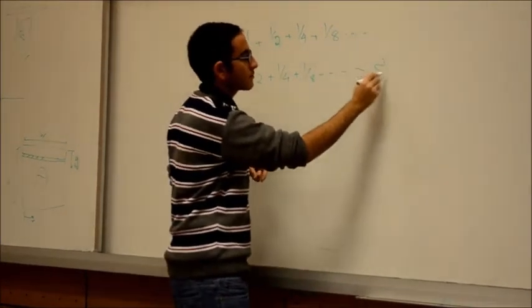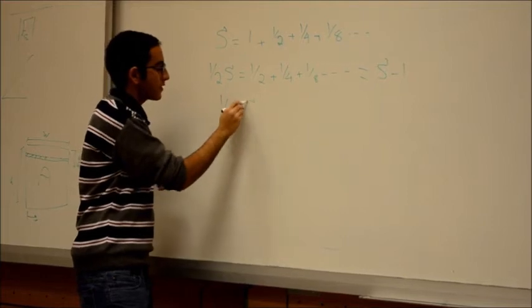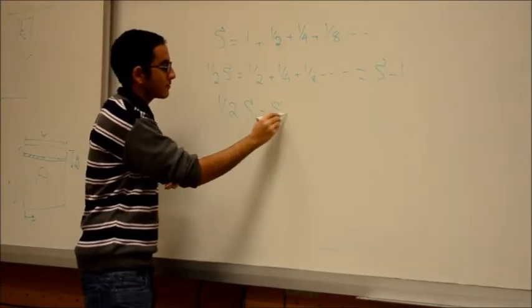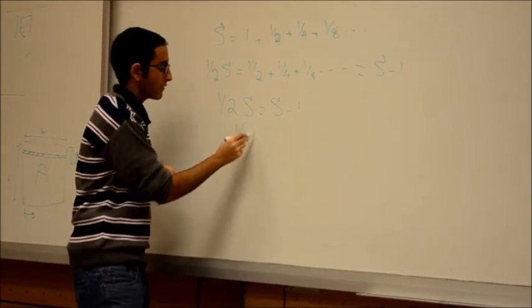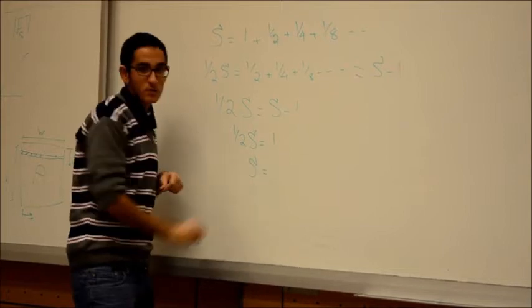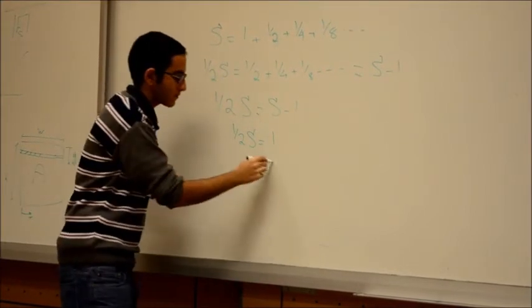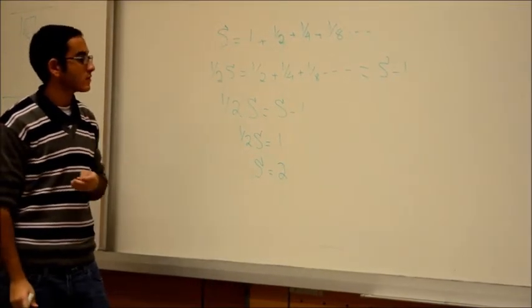So S minus 1. So you can say that half S is equal to S minus 1, or half S equals 1, S equals 2. All right, so this infinite sum is equal to 2.